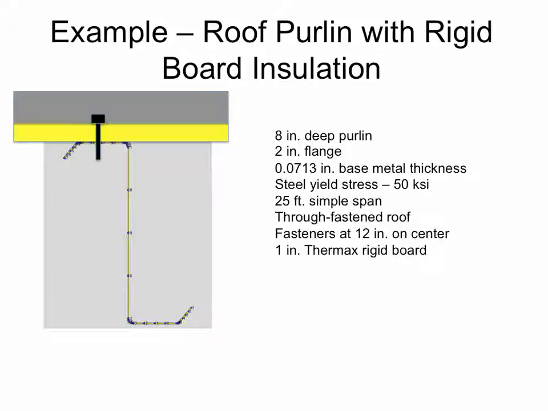How do you think the rigid board insulation influences the three limit states then? So we have local, global, and distortional. So is local buckling affected, do you think? So where is local buckling happening? It might be affected slightly.